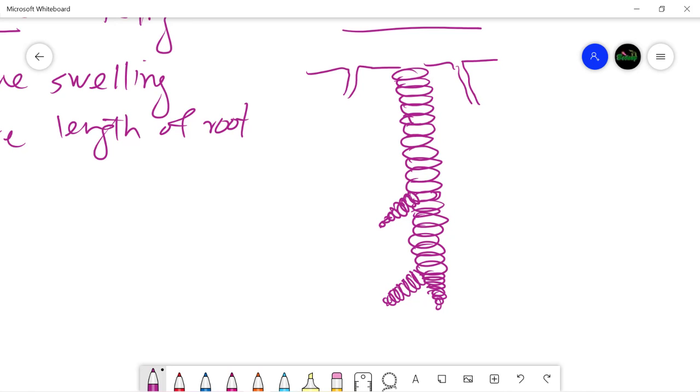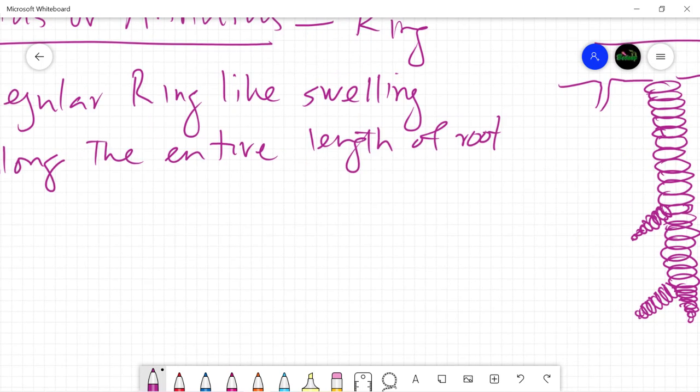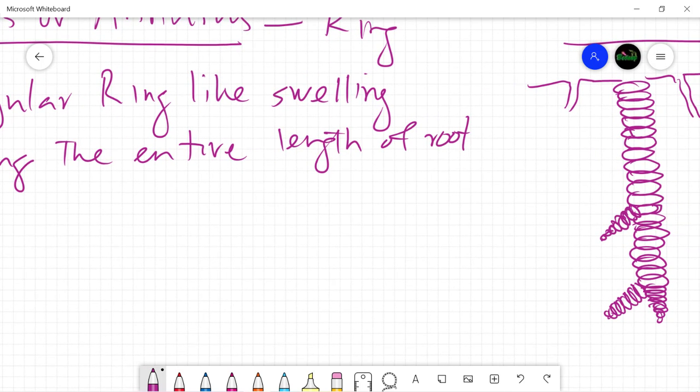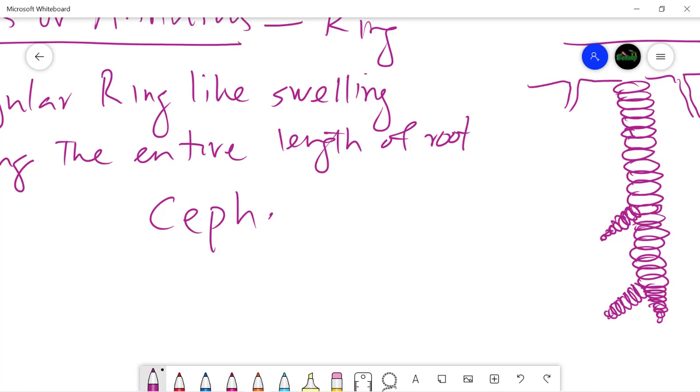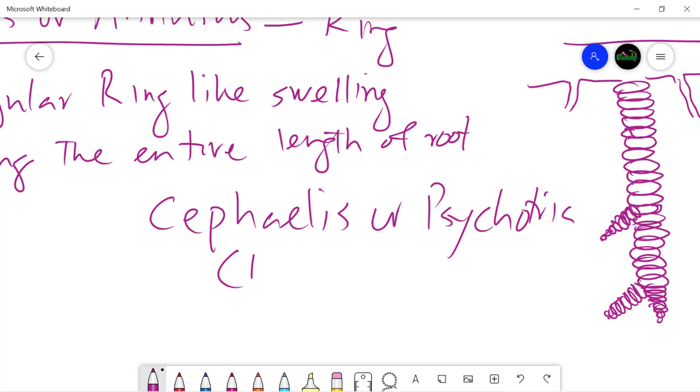And their example is Cephaelis or Psychotria, ipecac.